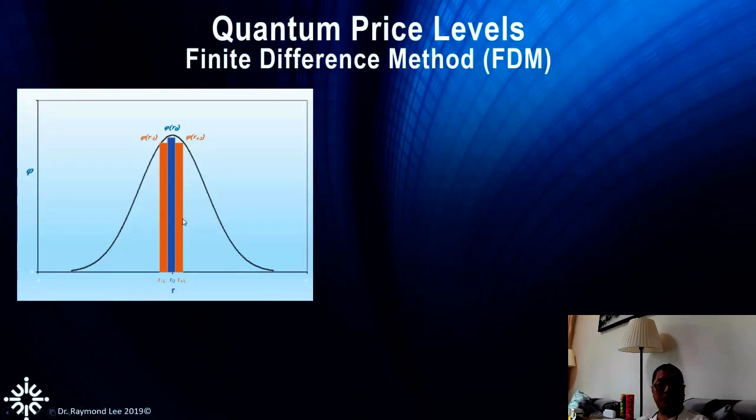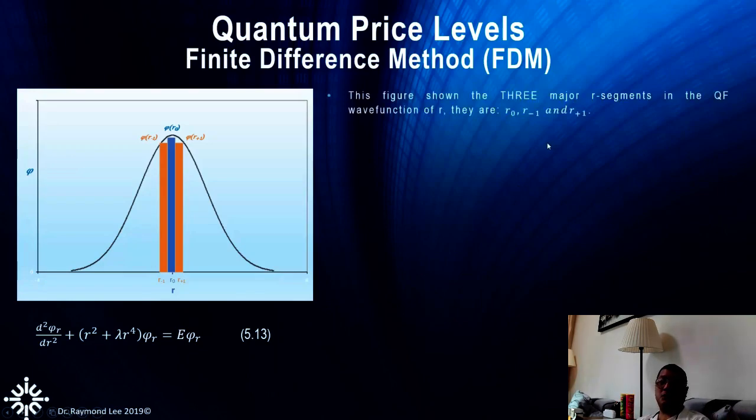For the central part, it is the higher part. At that part the KE is close to 0, and the left and right should be very symmetric at that particular moment, not the others, because for the others it is not the case. To represent this dynamics, in this figure we show three major R segments: the central part, R0, the left hand side, R minus 1, and the right hand side, R plus 1.